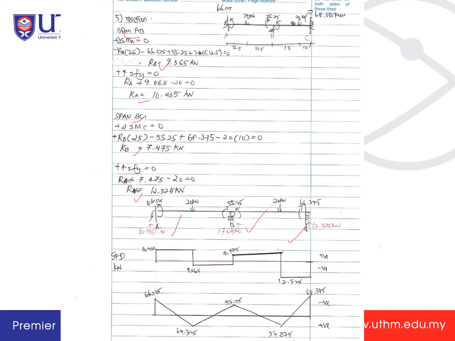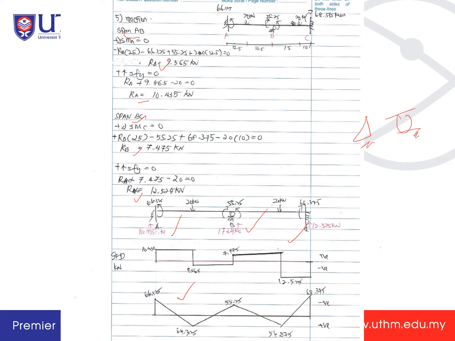Okay, and then again, you draw the shear force and bending moment diagram. Okay, so the steps are the same for both methods. Okay, but the modified stiffness method, it will be different at the pin end support and roller support at the end, at fixed end. Okay, so you need to be careful with it, and then you can proceed to practice more.